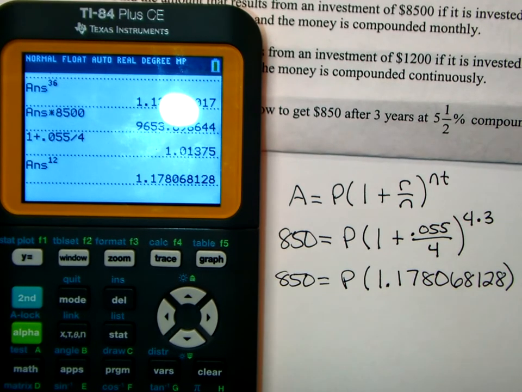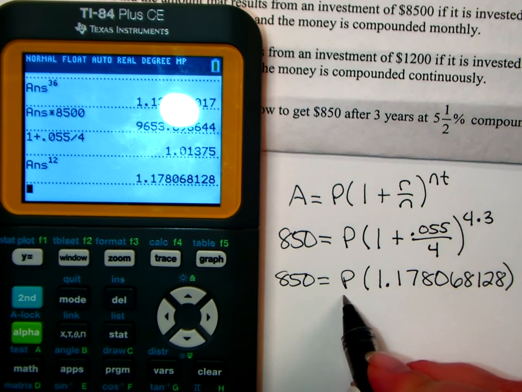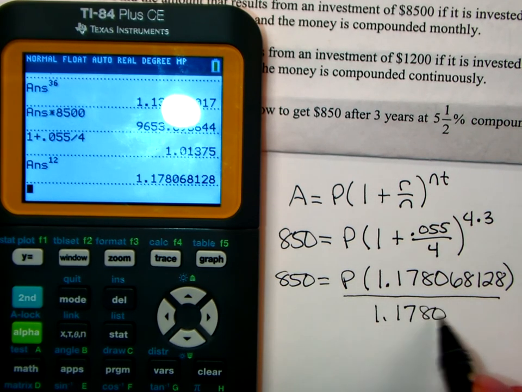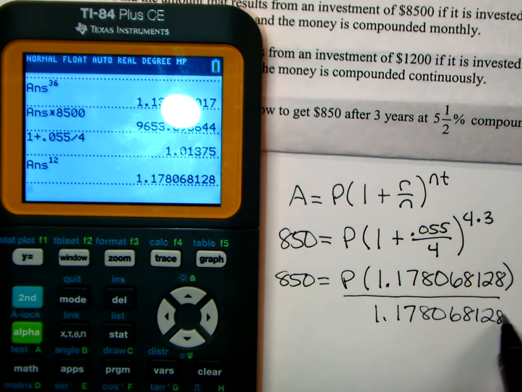So if I want to solve for P, I'm going to divide both sides by that decimal.